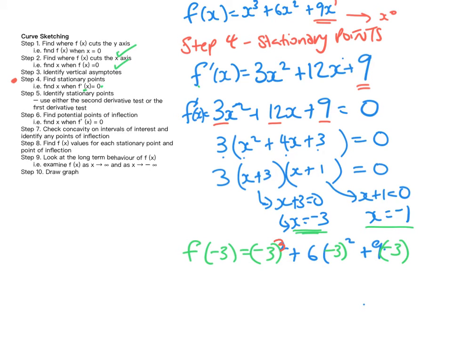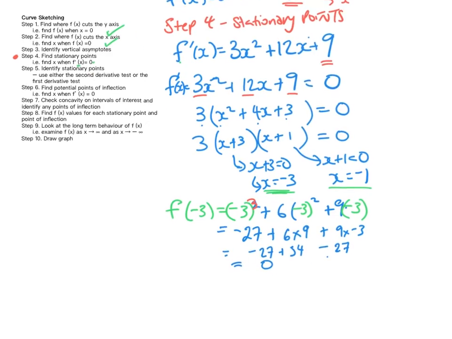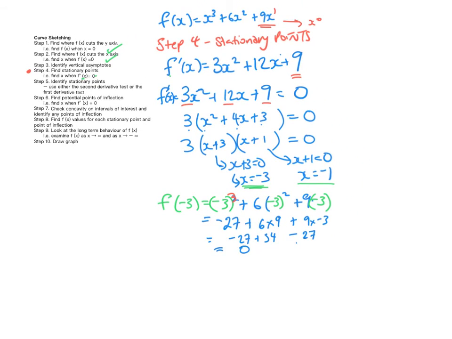Okay, just a blooper there, but I've stopped and adjusted it. That should be -3 all cubed. So as we work that equation through, we figure that the final answer for that equation is 0. Hence, one of our stationary points is (-3, 0).